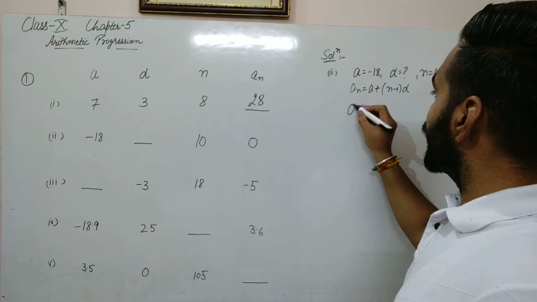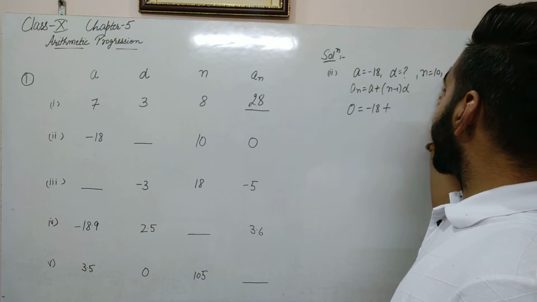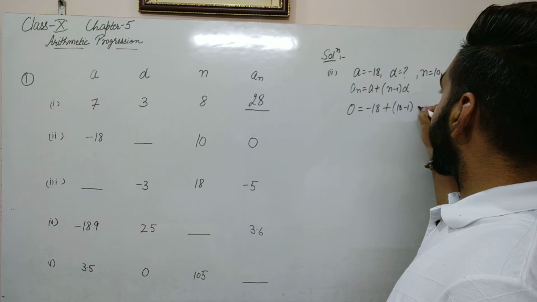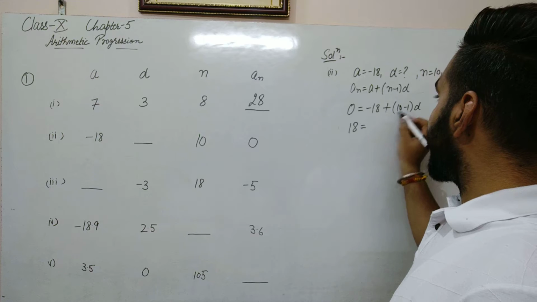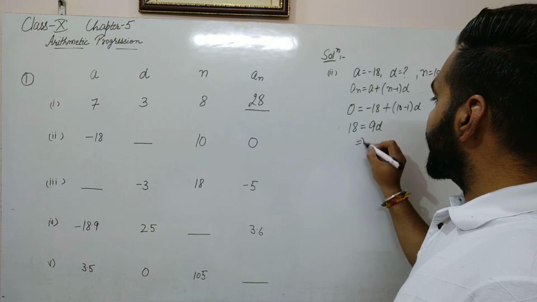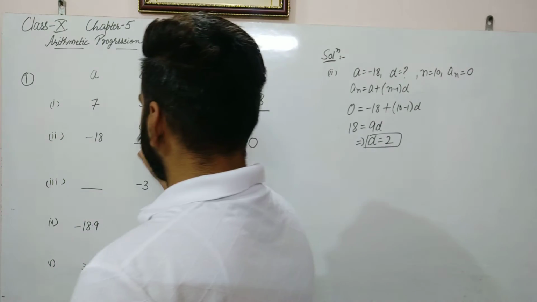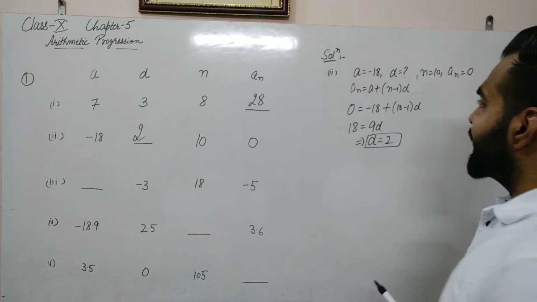An is equal to 0, a is minus 18 plus n minus 1, that is 10 minus 1, into d. So minus 18 will come to LHS, plus 18 equals 9d. So d will be equal to 2 here. Clear? So in this way we have to complete the table.